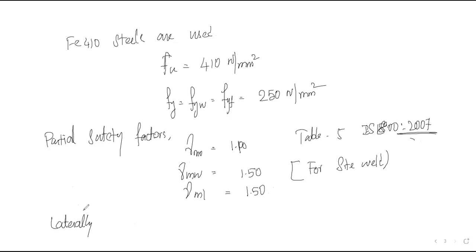The lateral load is based on whether it is a manually operated crane or an electrically operated crane. So if it is a manually operated crane, then it becomes 5 percent of the maximum static load.